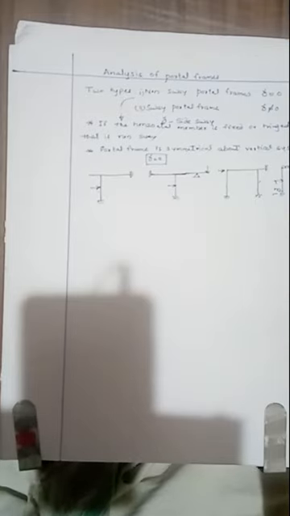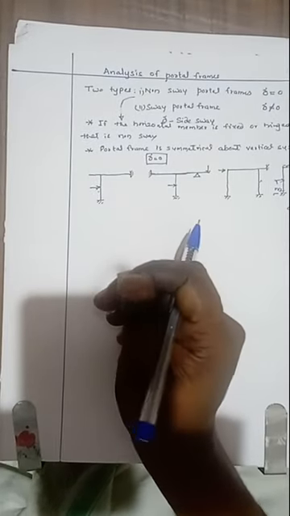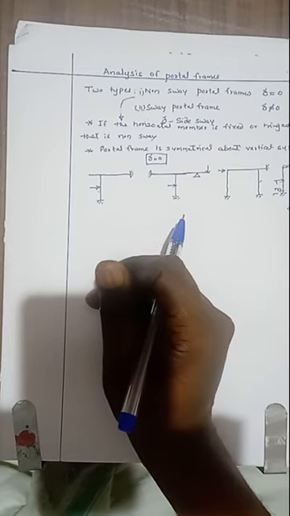Here the height of the column is h. Then this one is the symmetrical axis. This one is the symmetrical axis. Then this type of portal frames, what I have shown in the figure here, are non-sway portal frames. For these we can analyze similar to the continuous beams.